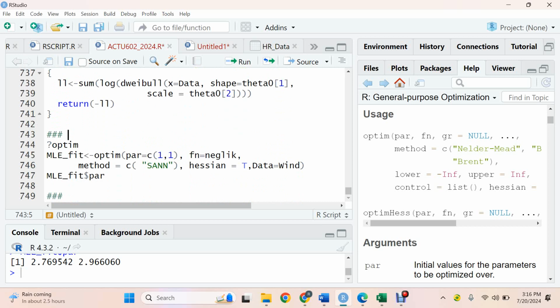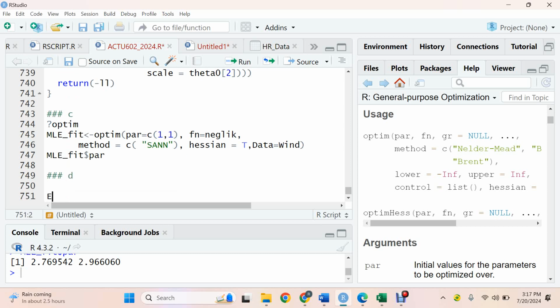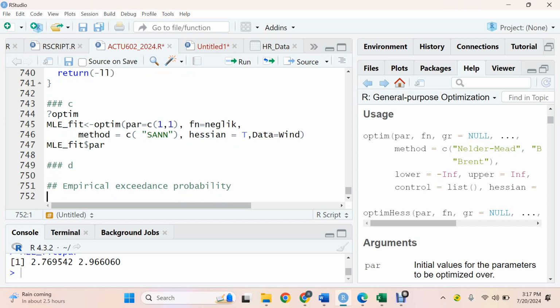C is the fit, and this will be D. So D, the empirical exceedance. In other words, how many of the wind speeds are greater than 6? So what can I do? I can just do this.